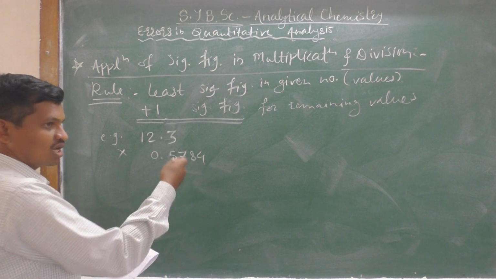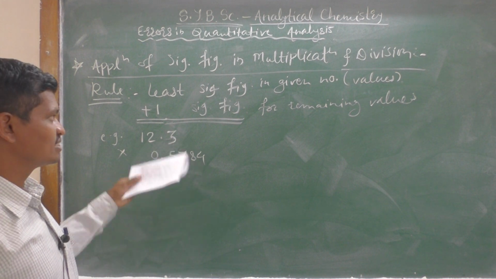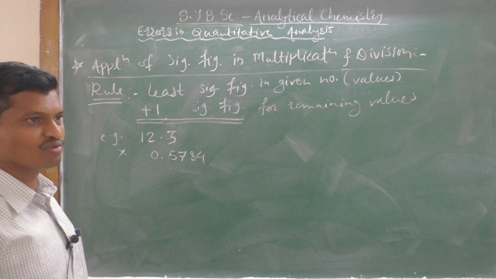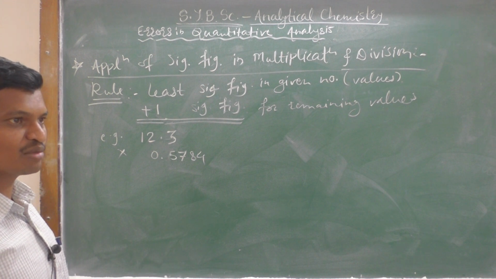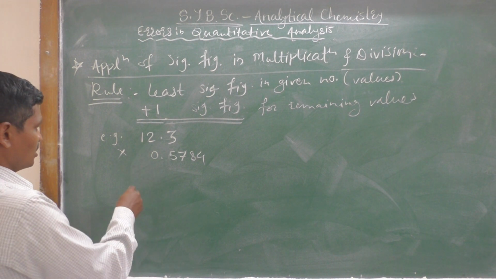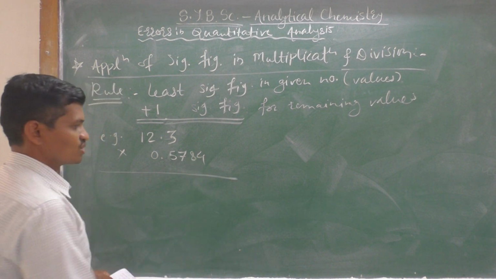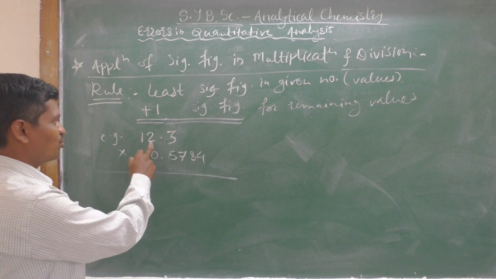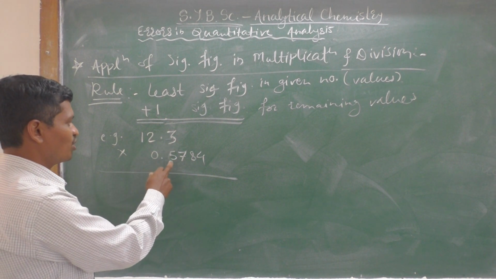Because calculations are there in this topic, using a calculator again would be a time-consuming process, so that's why I shortlisted some of these rules on paper. Okay, so this is a very simple multiplication, 12.3 into 0.5784.